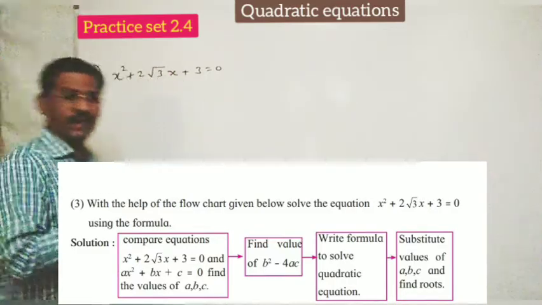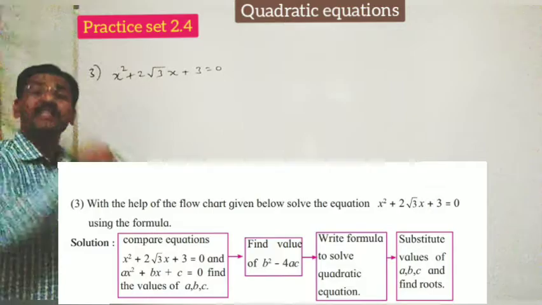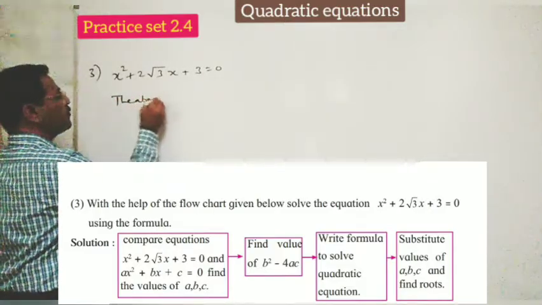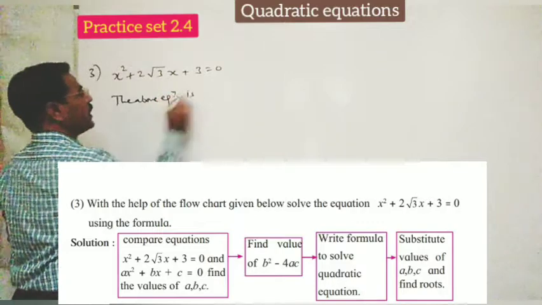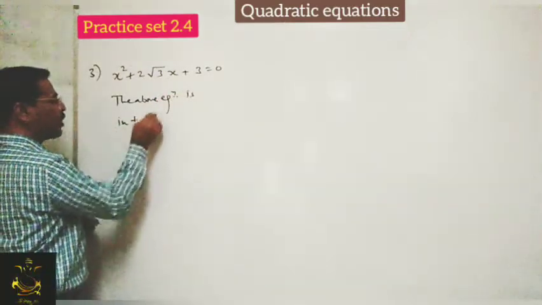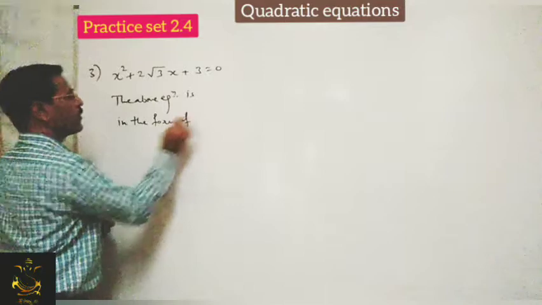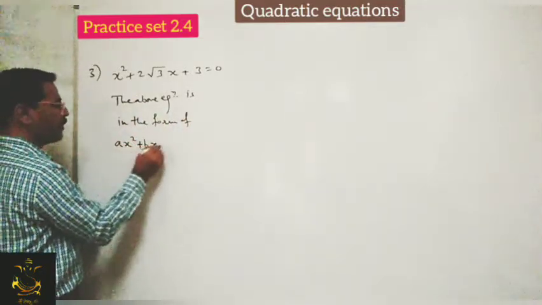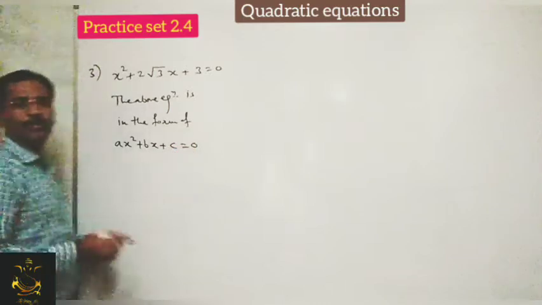Okay friends, first we are going to compare this one with the standard form. Okay, the above equation is in the form of, yes, the variable is x here, so ax square plus bx plus c equal to 0.